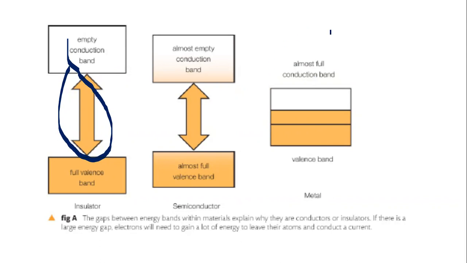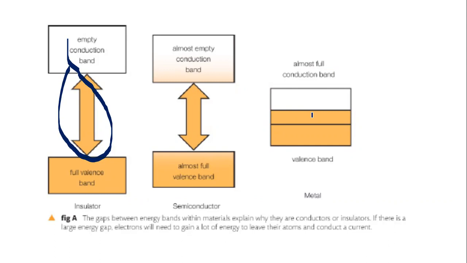Another thing you will notice is that the conduction band is almost full in metals, so the electrons repel each other, and it's easy for them to become delocalized. When we talk about a semiconductor, the gap between the valence band and the conduction band is wider.